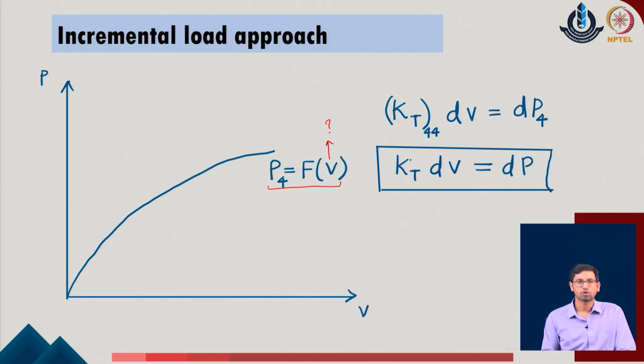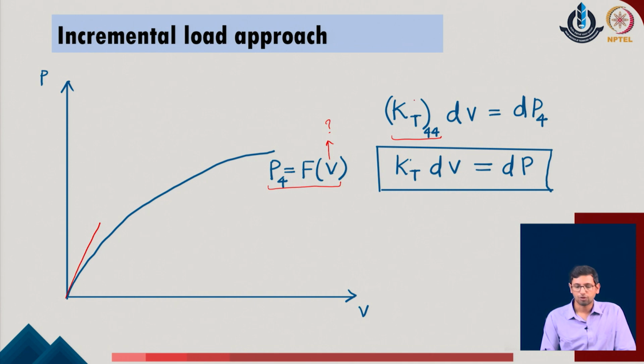In order to come up with the solution approach for this problem, we identify the standard process where we come up with the stiffness at any point of the given system, and we locate that particular stiffness as k of t 44 in the given problem.